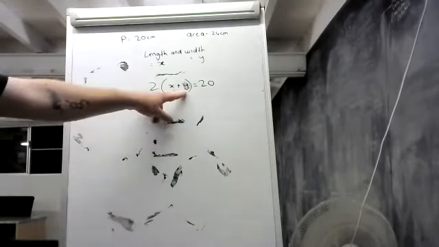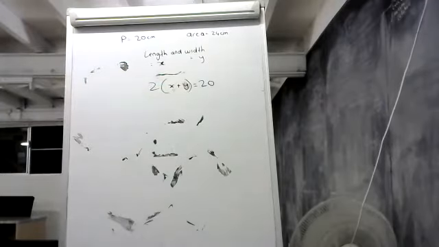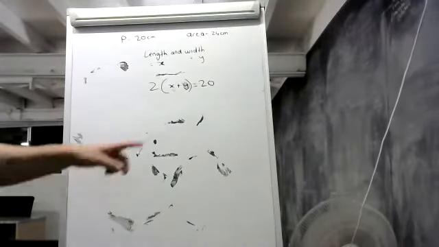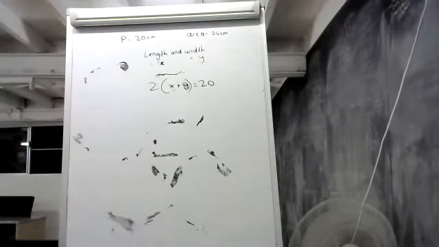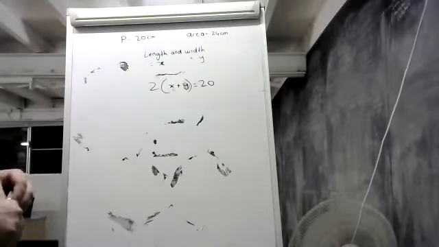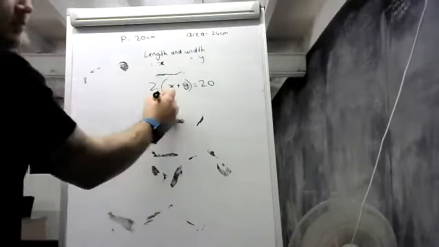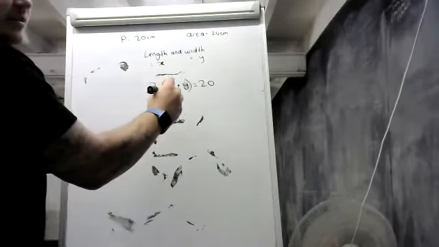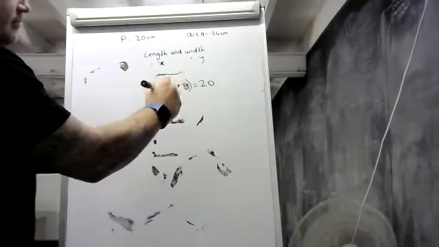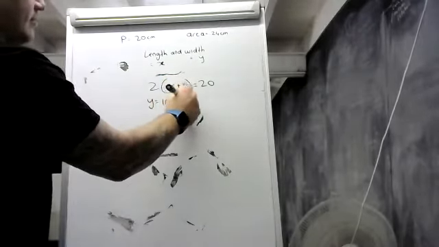How would we solve for y? How would we manipulate this equation to be able to substitute x into the equation and solve for y? So y equals 10 minus x? Yeah.